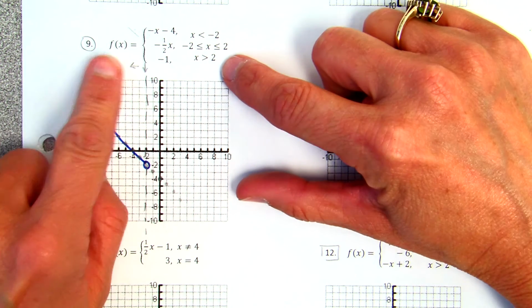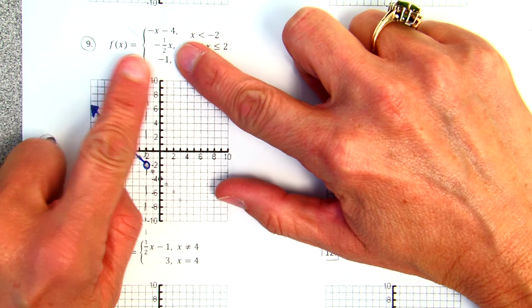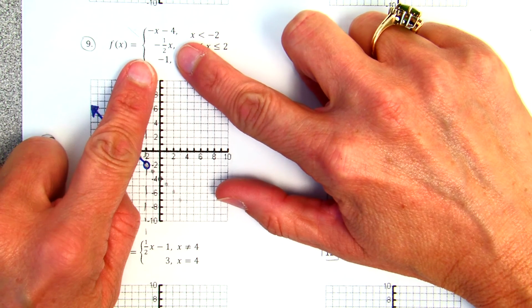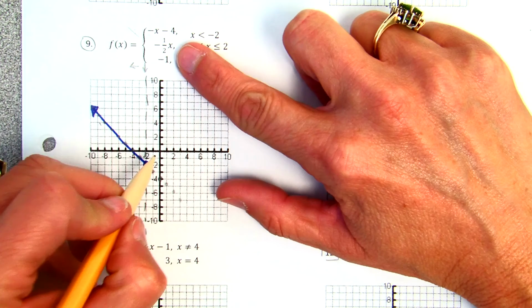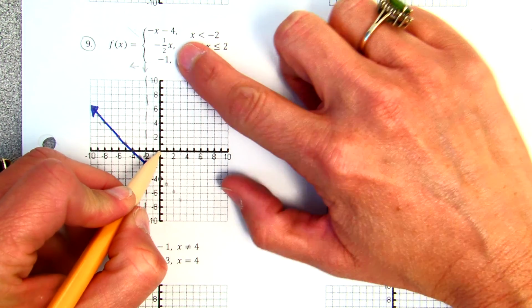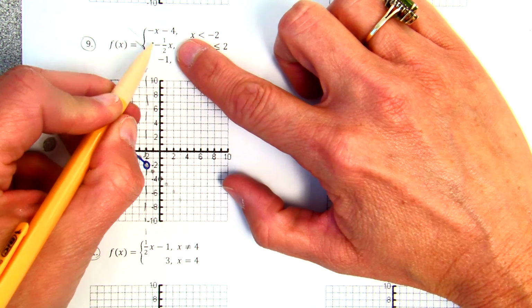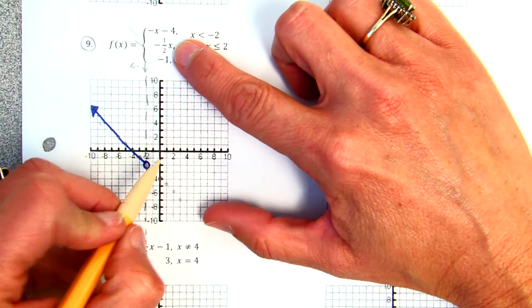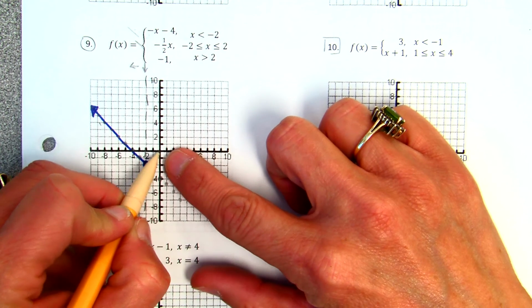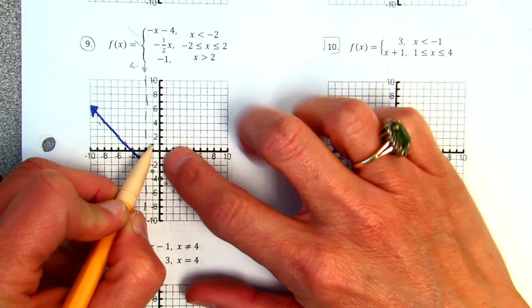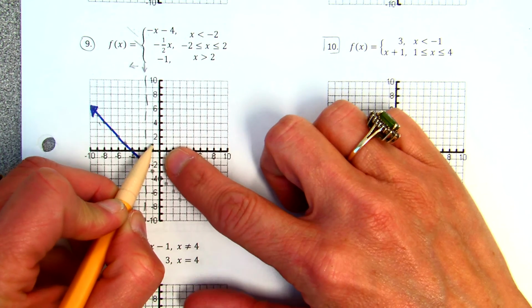Now the next part of this equation is f of x equals -1/2 x. Well, again, that's a line. This negative sign makes me know that I'm going to be slanting negative. This 1/2 x takes me, and normally I'm over 1, up 1, but that 1/2 takes those y values and cuts them in half.